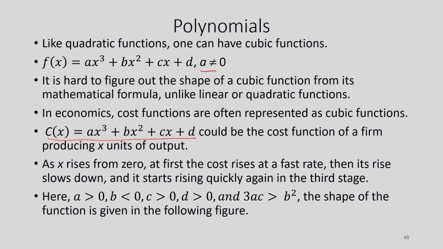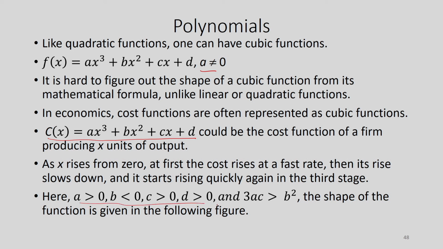So at that point costs might be rising at a very fast rate. After a point of time you might be reaching your optimal level of output. There the cost is rising, but not at a very fast rate, and finally, there might be shortages after a point of time. There the cost will be rising at a very fast rate.